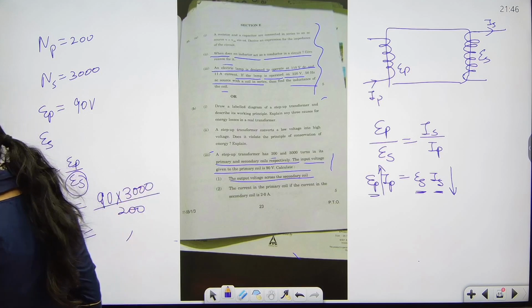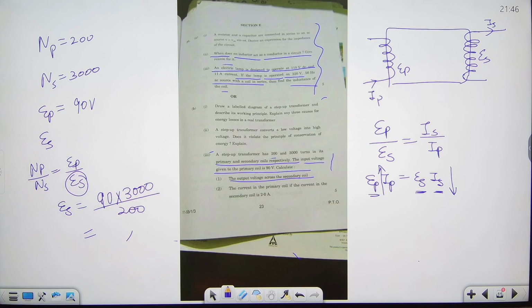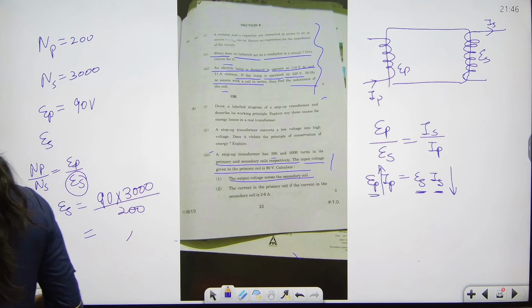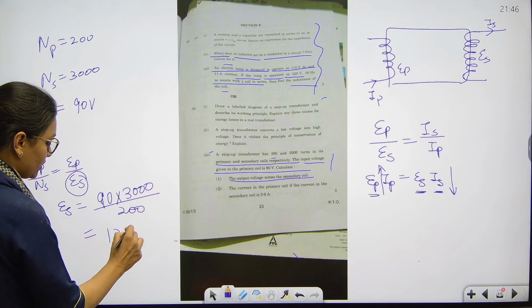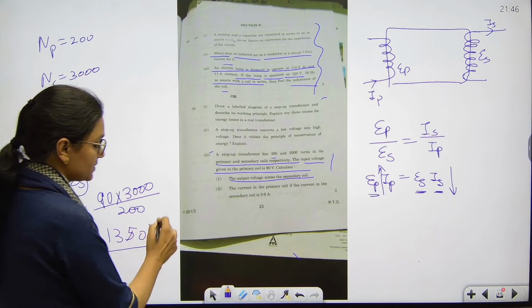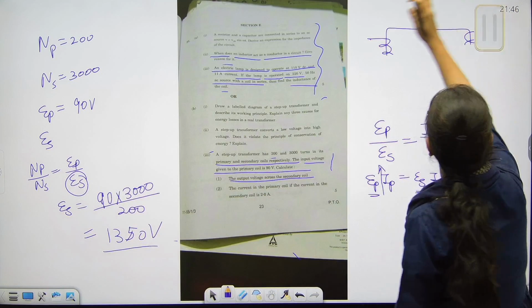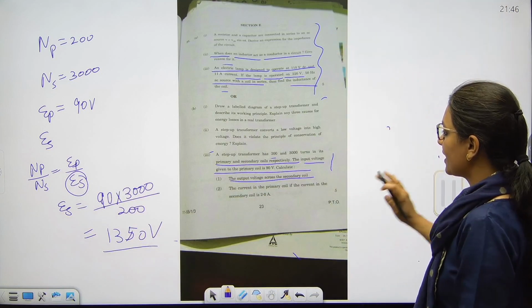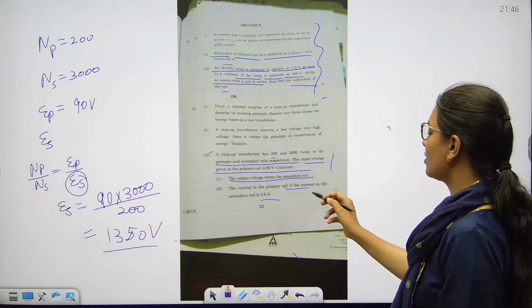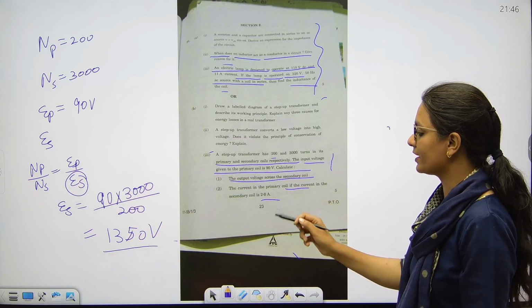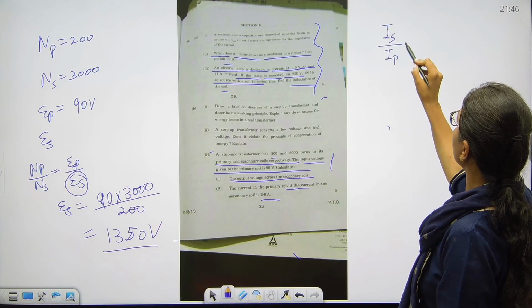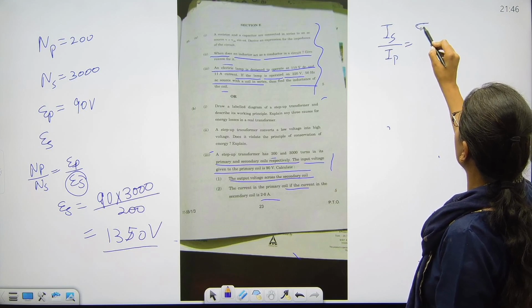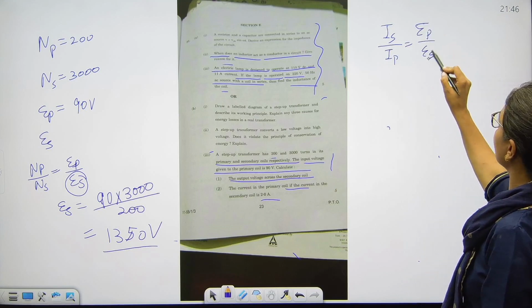Just calculate this particular value. It will be 1350. You just go through the calculations in case I made any mistake. Then we have the current in the primary. What is the current in the primary? The secondary coil current is 2 ampere. So the secondary current divided by primary current is equal to primary voltage divided by secondary voltage.